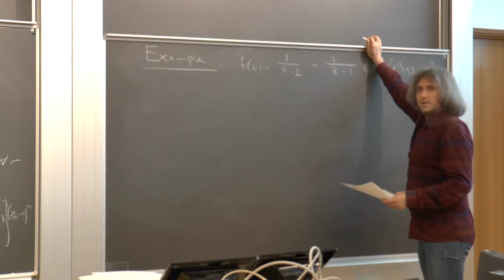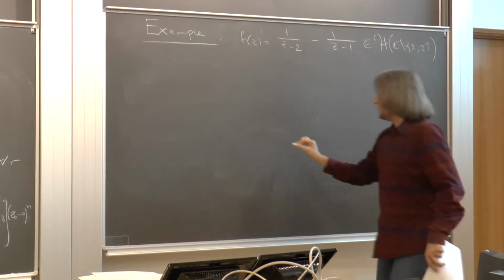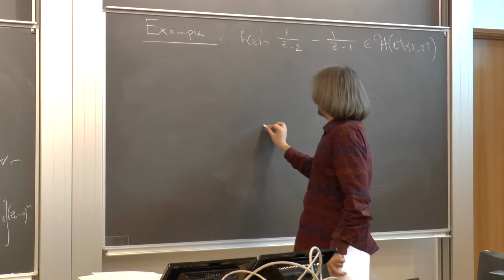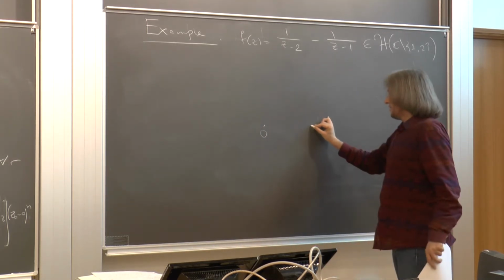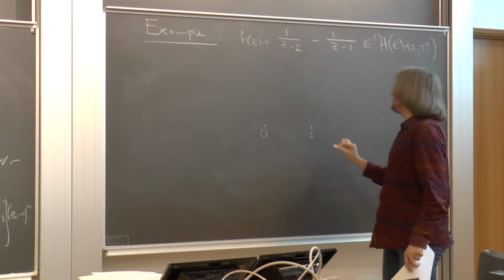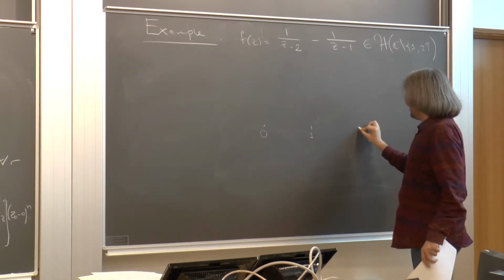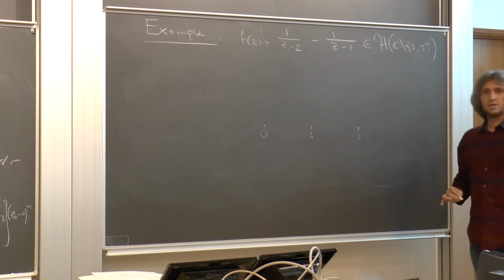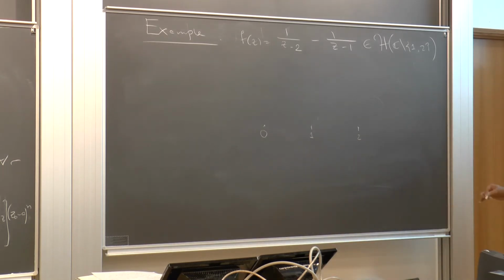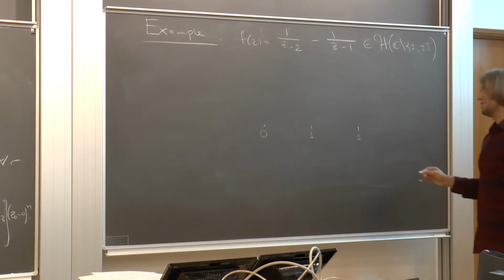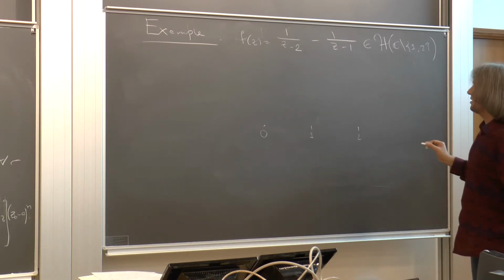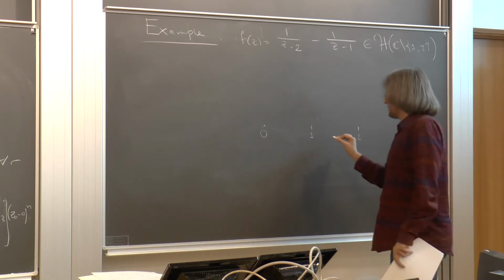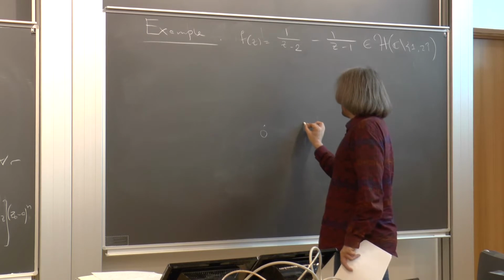Now, it's a good excuse to start drawing. So we have the point 0, which is taken for no reason. But so there's a point 1, and there's a point 2. So you can choose different disks or annuli. So possible disks are like this.